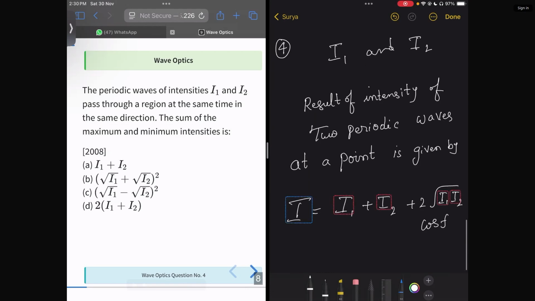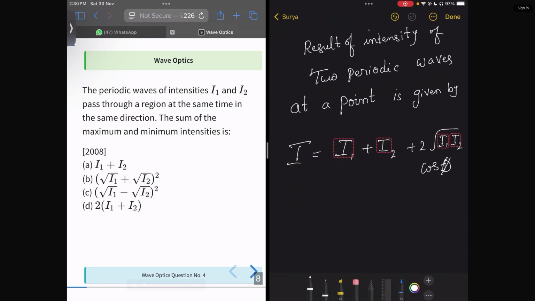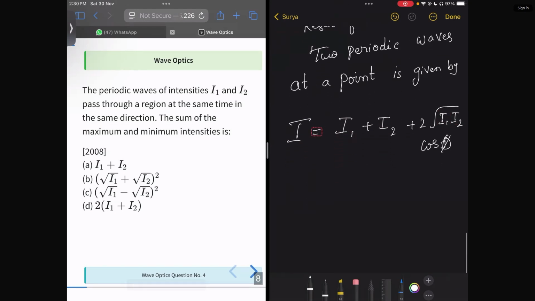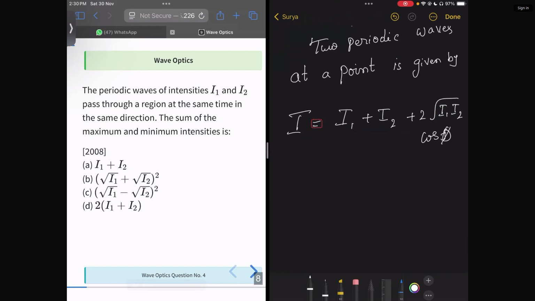Here phi is the angle between the intensities. The result is maximum when cos phi equals 1, and minimum when cos phi equals -1.